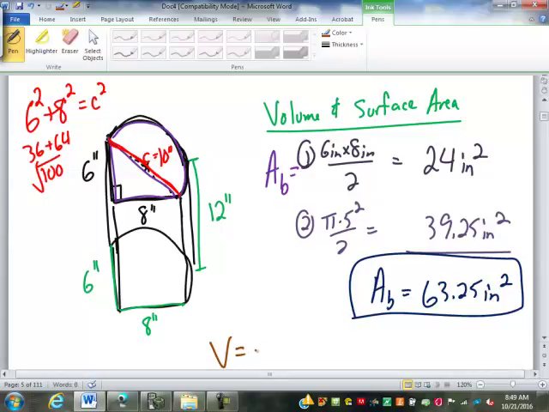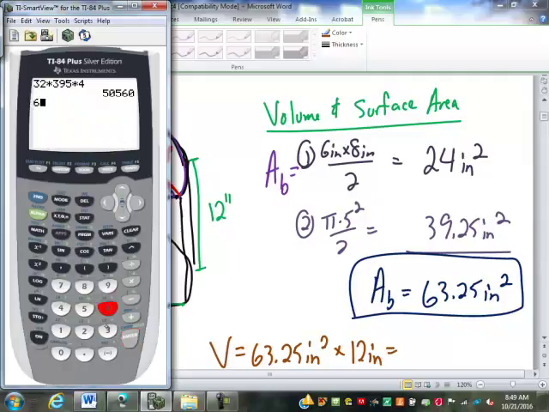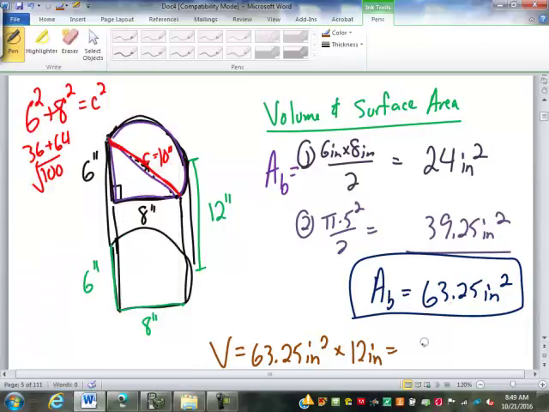So the volume is the area of that base times what? 12. So 759 cubic inches is my volume.